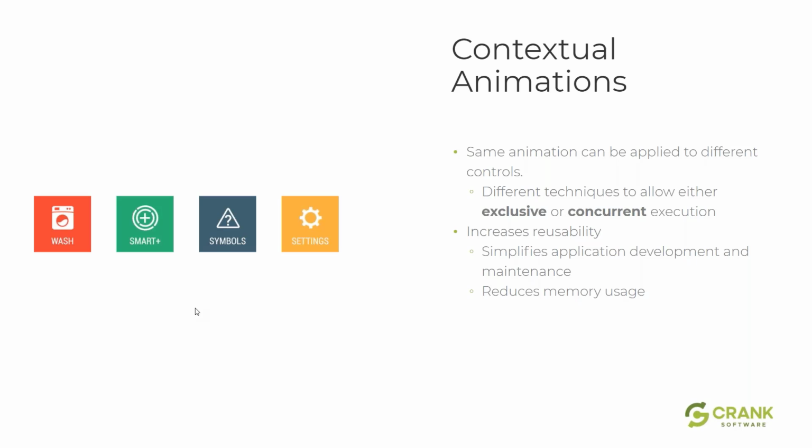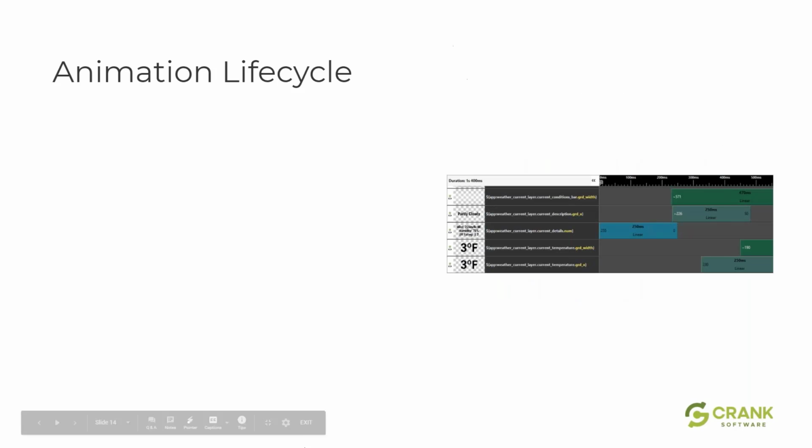That means we have simplified application development and reduced maintenance, because when it comes to changing these things, we have a centralized location to change. And the main benefit is rather than having many versions of the animation that really boil down to the same, we can really reduce the memory usage because we don't have to have as many copies of a similar animation around.